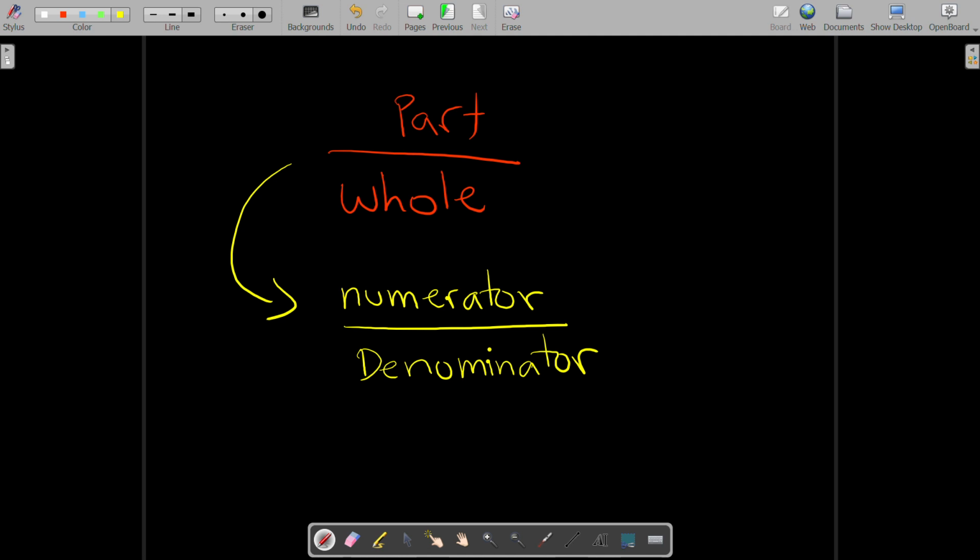So this is how we would write it in mathematical terms. The part becomes the numerator, and the whole becomes the denominator.